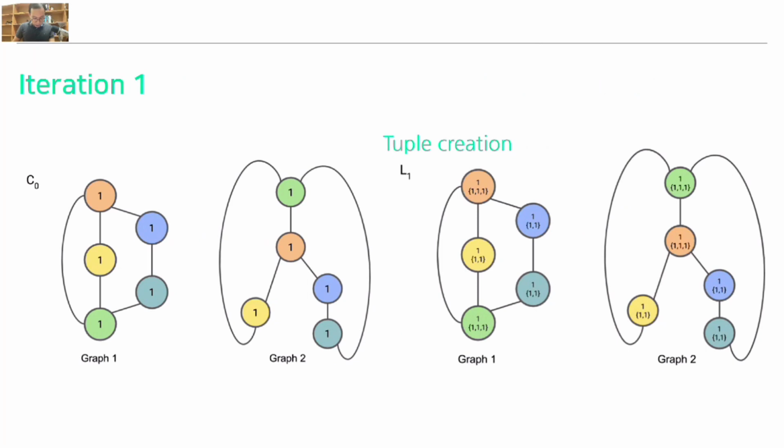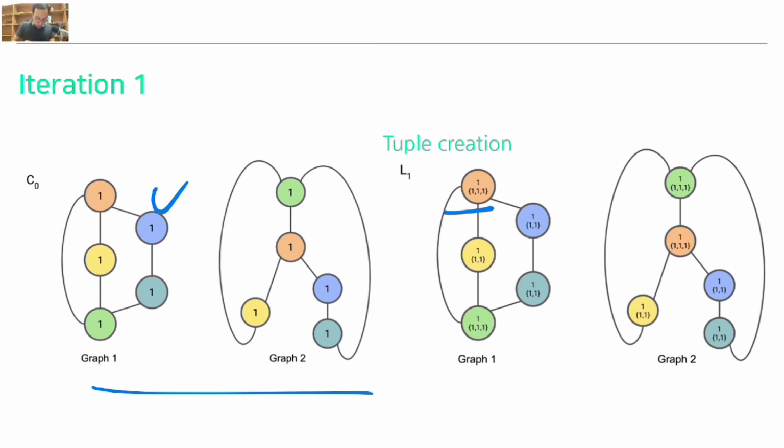So at the first iteration, by looking at the neighbors of the first node, we summarize the nearby nodes' IDs like this. It is surrounded by 1, 1, and the node ID is also 1. So we put 1, 1, 1 in here.